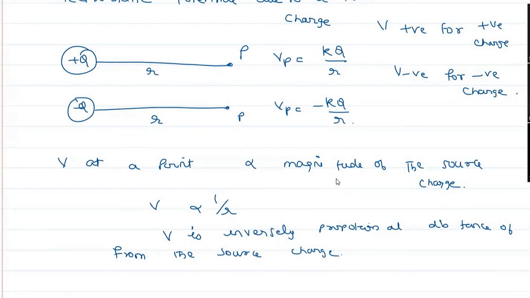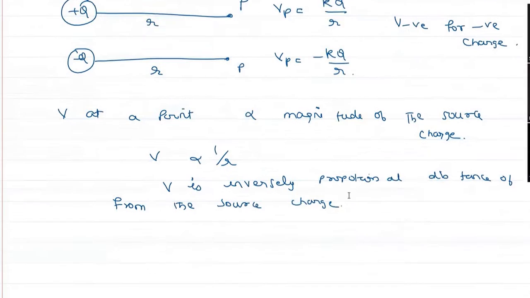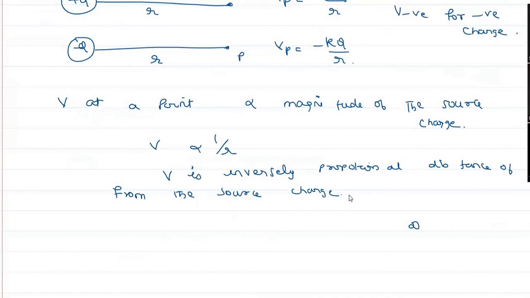See, this one we call absolute potential. Absolute potential depends on what? It depends on the reference point you are taking. If you take infinity as your reference point, at infinity we consider that electric potential is 0. So absolute potential depends on the reference point. Are you able to follow this point?